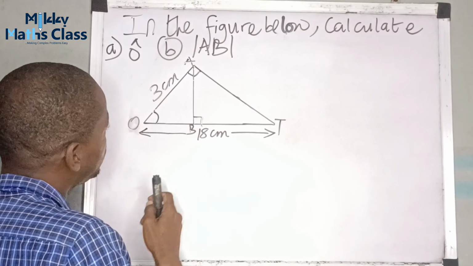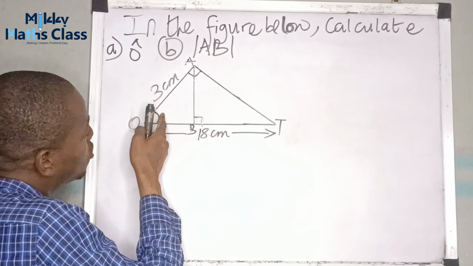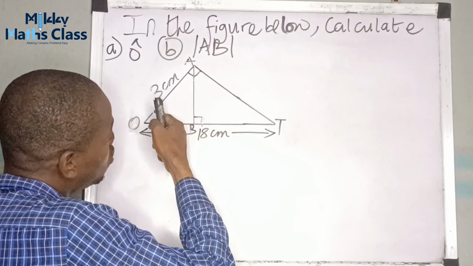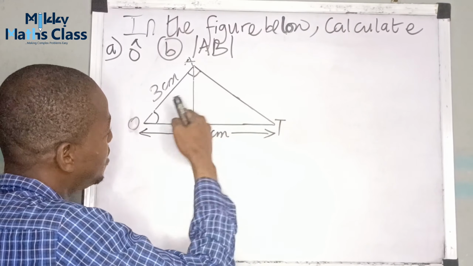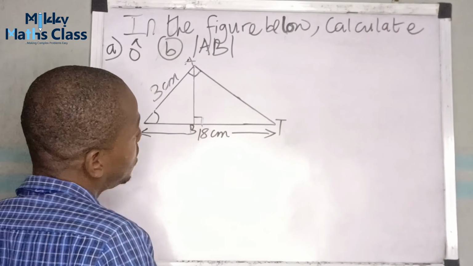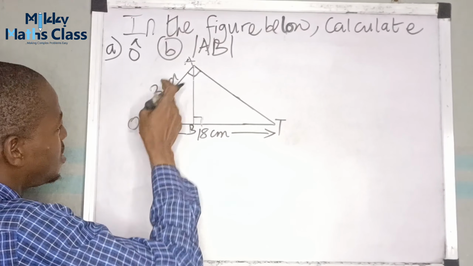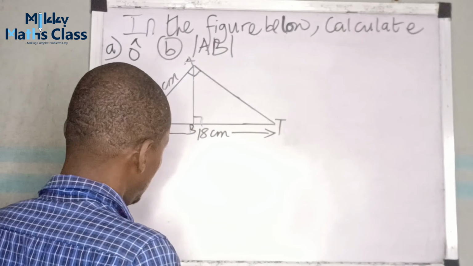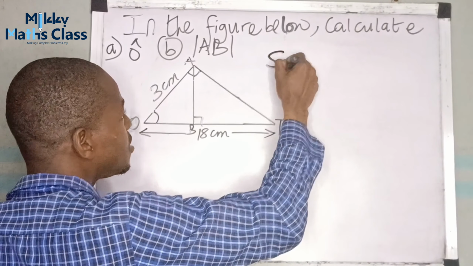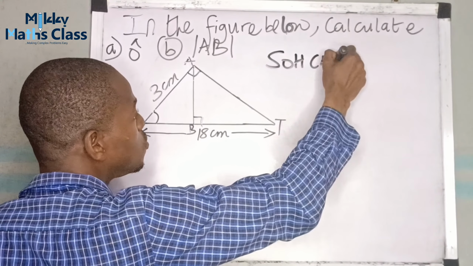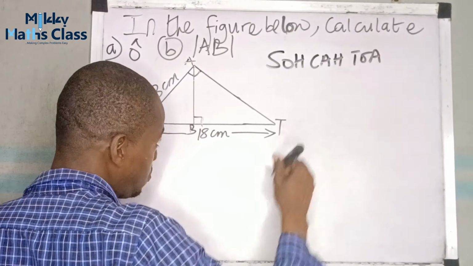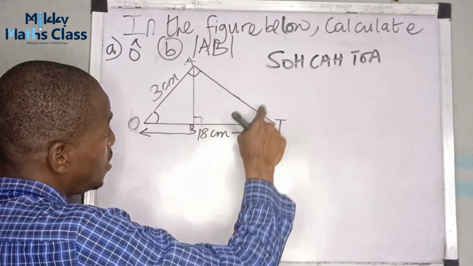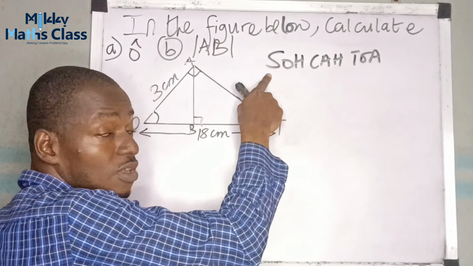Now the next thing we see, this is the angle we are asked to look for. The line facing this angle is the opposite, while our line AO or OA is the adjacent. So using our trig ratios, SOHCAHTOA: when you have opposite and hypotenuse, we use sine.